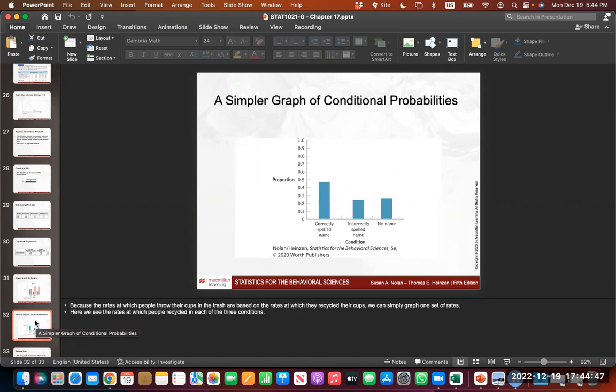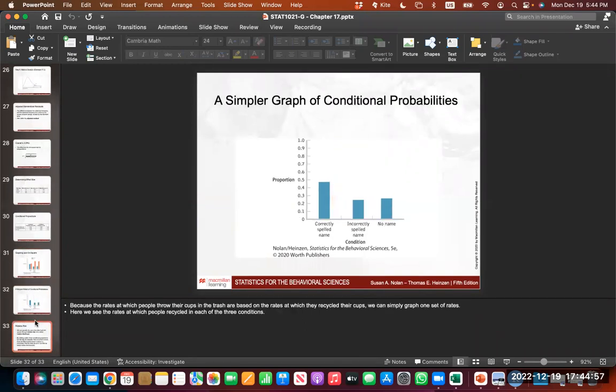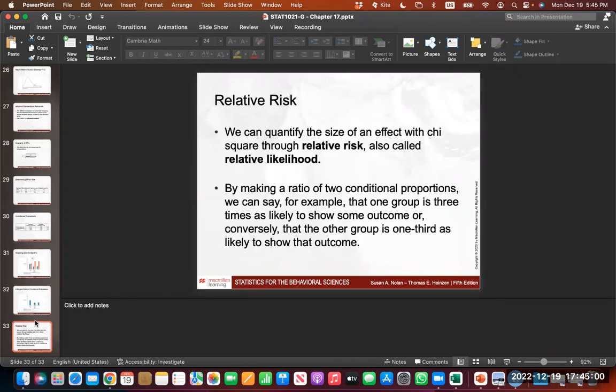You can also do this next to each other, which comes to the same. You can do the simpler, you can do this more complicated. And with relative risk, you can actually calculate, as said, the ratios between one probability over the other probability.